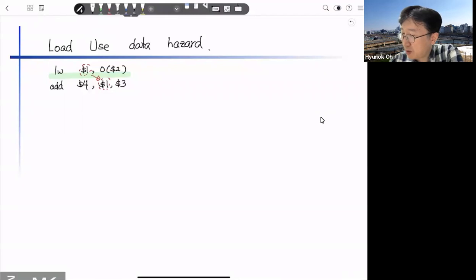It's different. The load instruction goes through instruction fetch, instruction decode, execution, data memory access, and write back. We will use forwarding for this case also. But when is the $1 value available, at which stage?